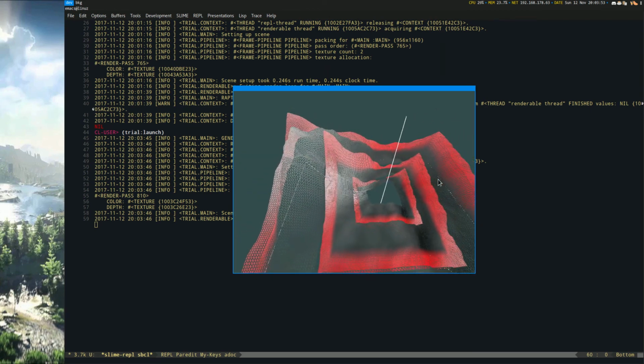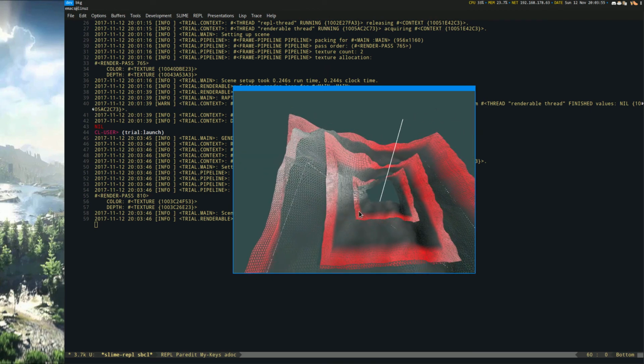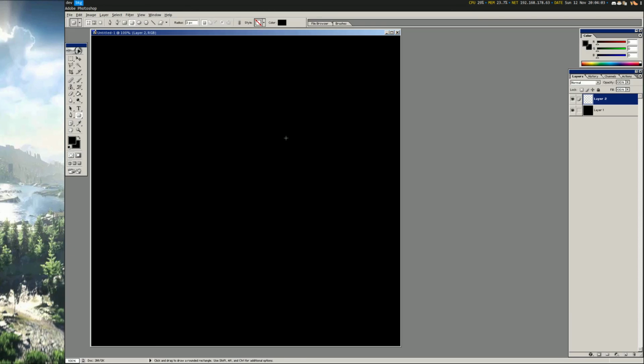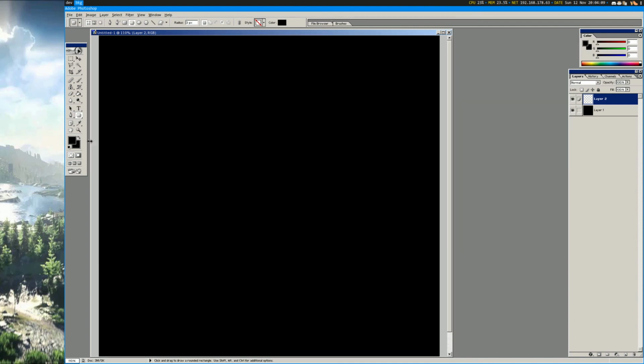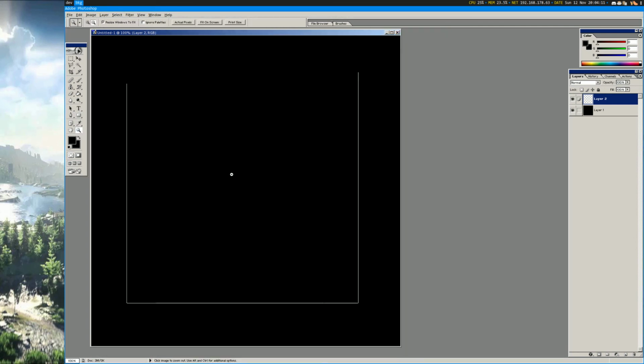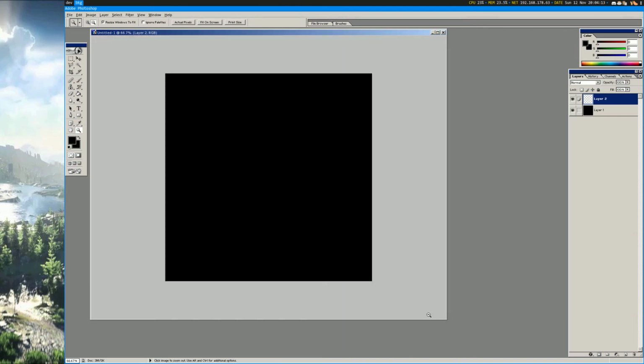I see things happening, but I can't correlate where this spot is supposed to be on the actual map, because terrain and nature are fairly random. So I want to do something very not random in order to figure out what is going on.